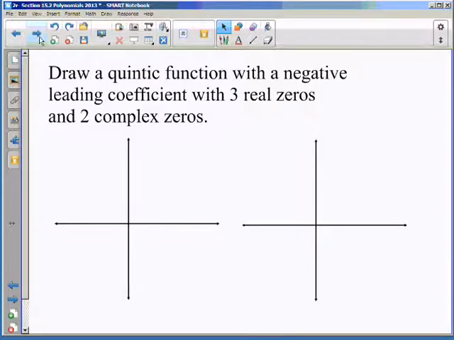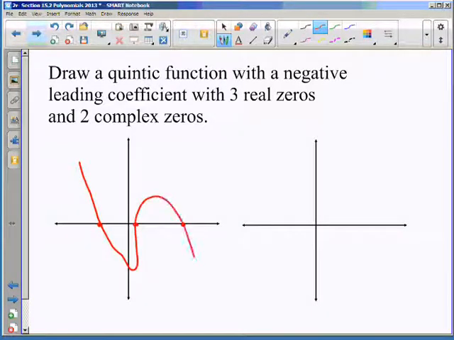Okay, now let's try drawing a quintic function with a negative leading coefficient and 3 real zeros. And what that means is I can only cross the x-axis in 3 places. And I could have some turning points in there that are some critical points that aren't obvious. This one's not an obvious degree 5, so I like to make my turning points show that it's not going to make it to the x-axis, something like this.